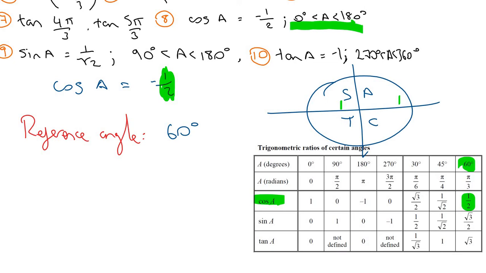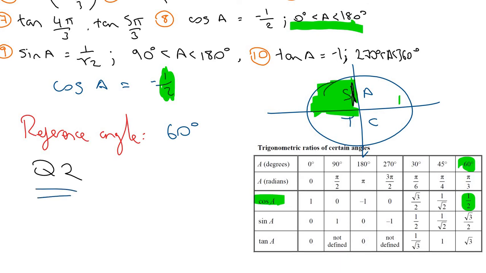But because cos of A is minus a half, we know that cos of any angle between 0 and 90 is positive. So here we're dealing with quadrant 2, because the only values for cos of an angle which are negative between 0 and 180 degrees are in quadrant 2.